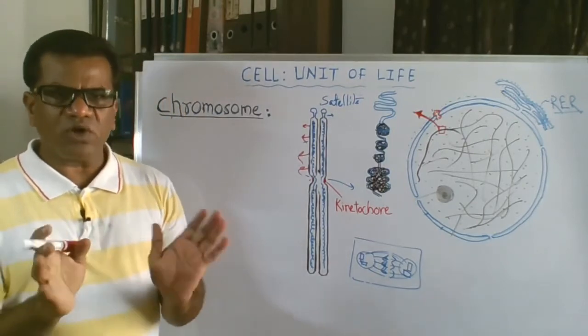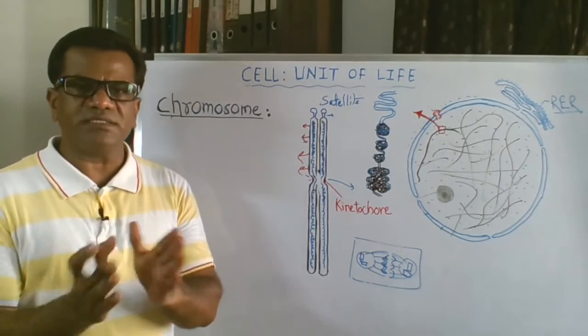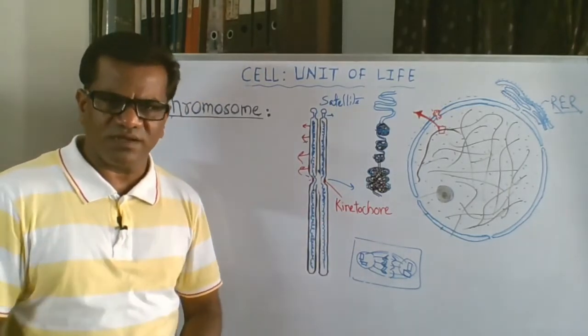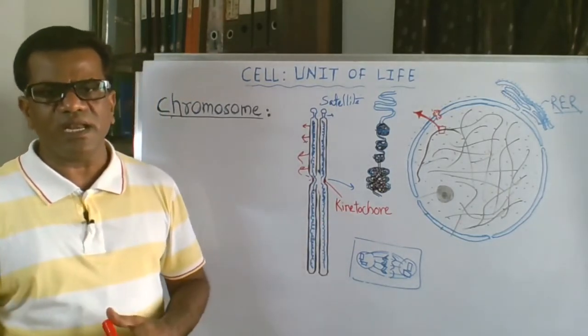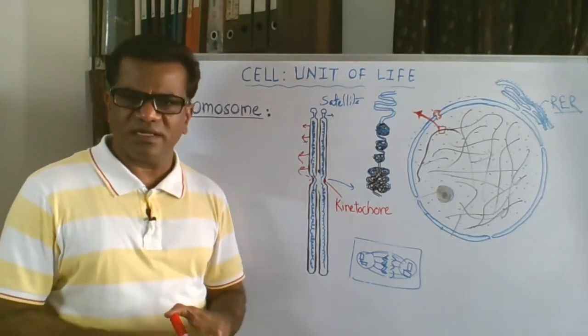So this is the short information about the chromosomes. You can study chromosomes for one whole year also. We can go into detail later on, but for today I think it is sufficient.